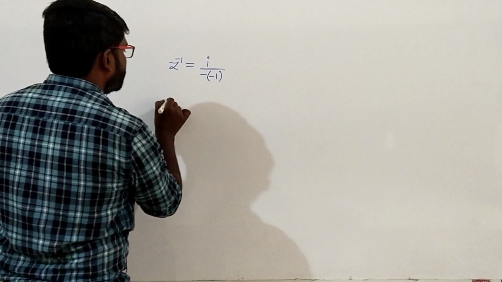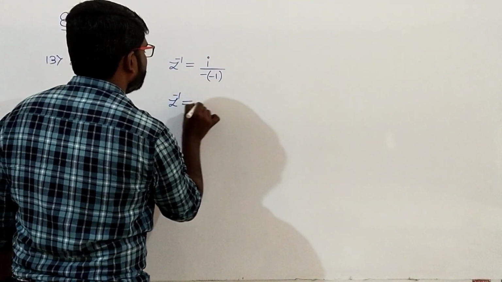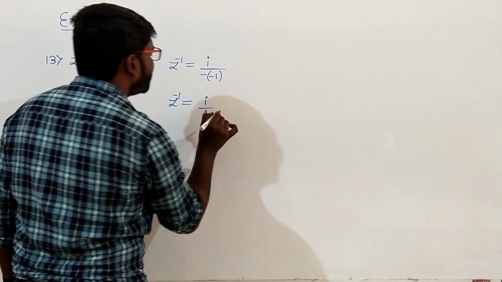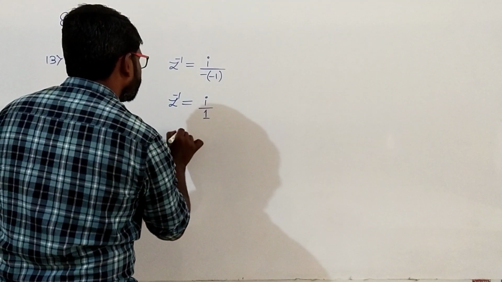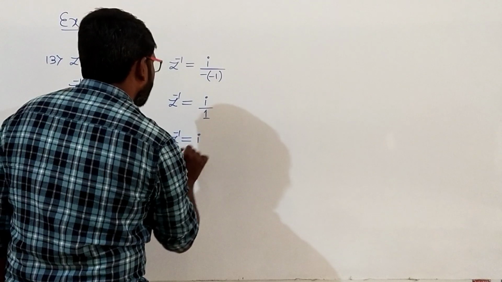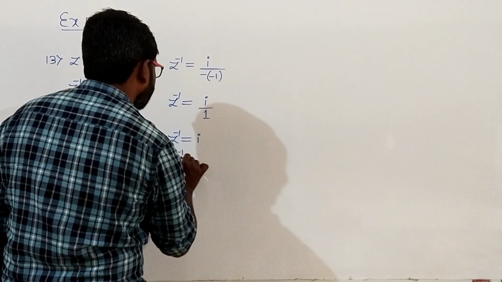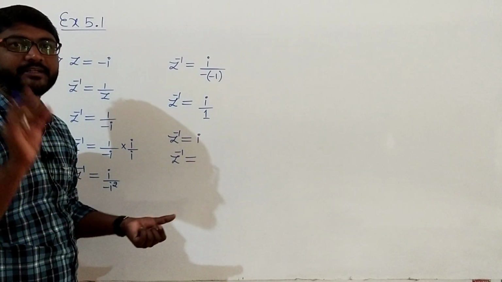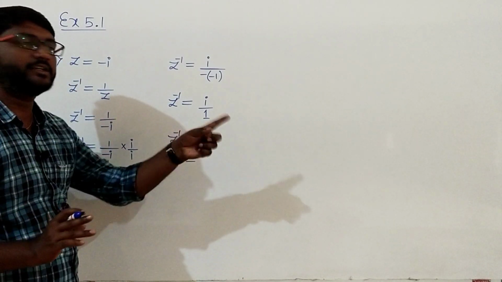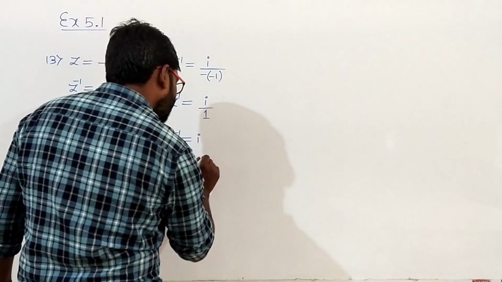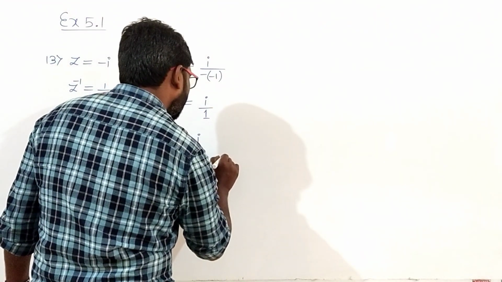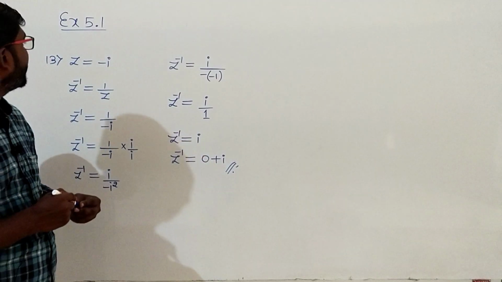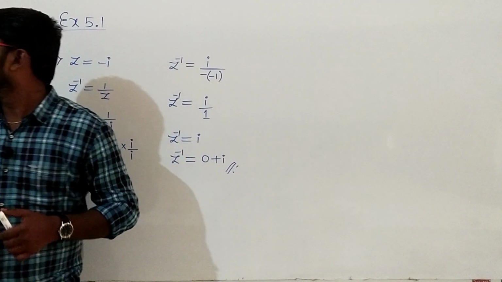So now z inverse is equal to i by minus into minus, it is plus i by 1, or i. z inverse is equal to i. How do you write this in the form of a plus ib? Here we have only the imaginary term, and if the real part is missing, we have to write it as 0. So it is 0 plus i. This is the required answer for the 13th problem.